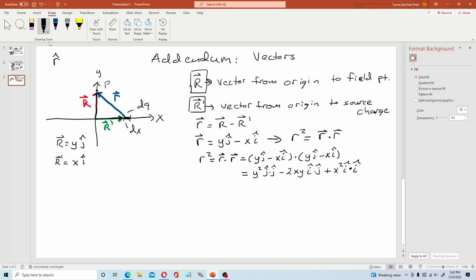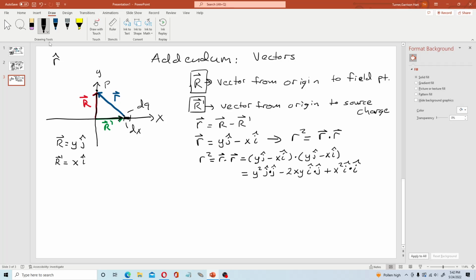So these are dot products, right? And remember, j dot j is just going to be 1. i dot j, or j dot i, either way, is going to be 0 because these vectors are perpendicular, and so the dot product has no meaning, right? It goes to 0.